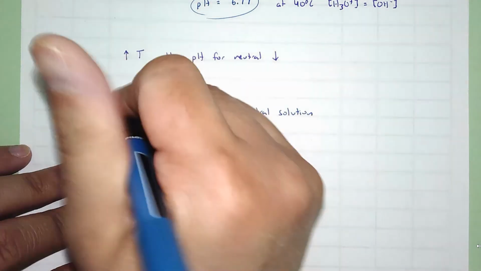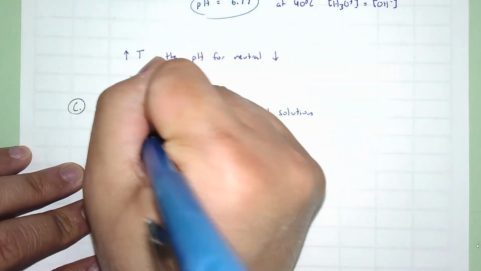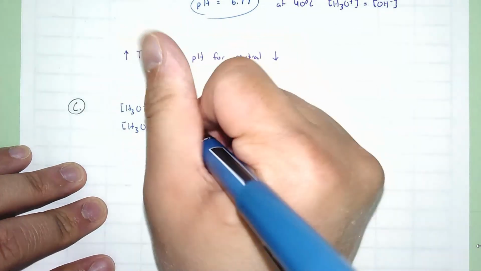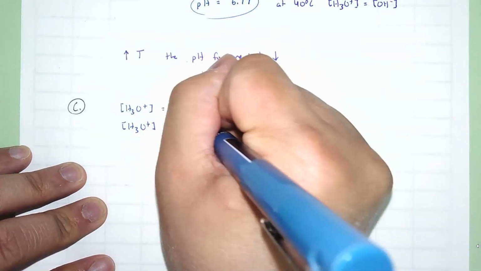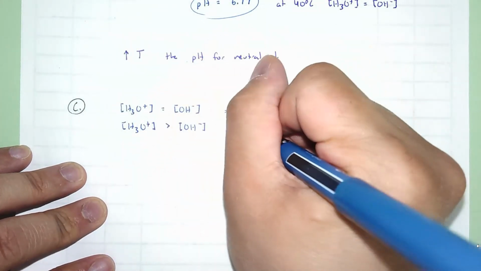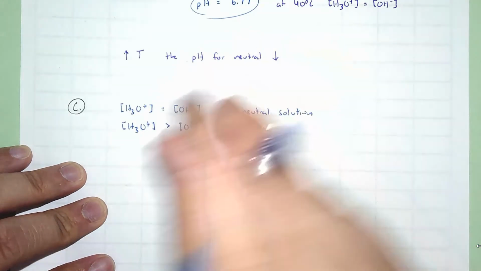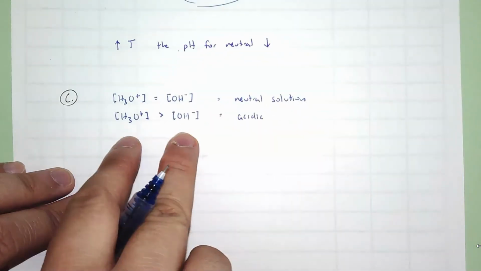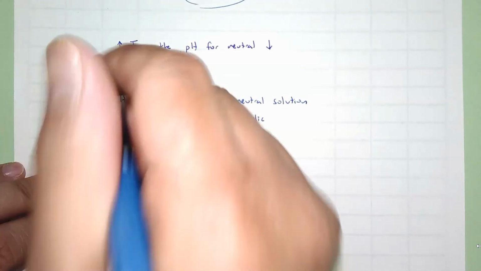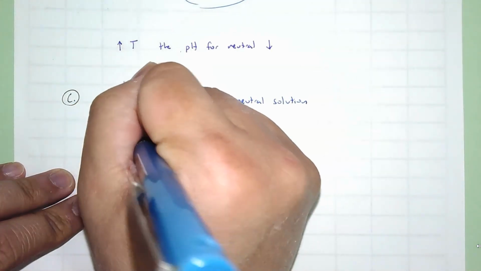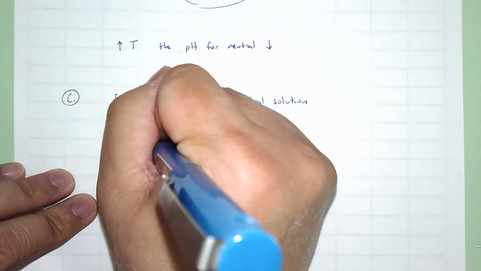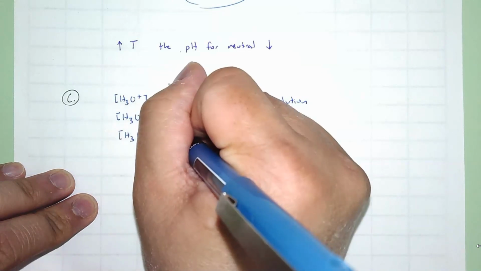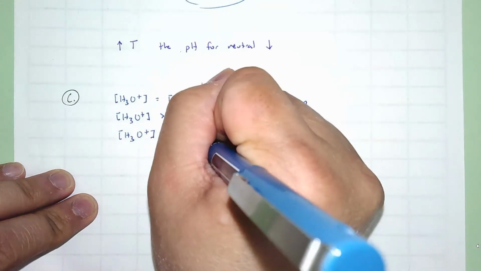That's okay. And then if H3O plus is greater than OH minus, that equals acidic. Okay, so you are going to see a lot of examples after we get out of this topic where they are not equal. And then if your hydroxide concentration is greater than your hydronium, then your solution is basic.